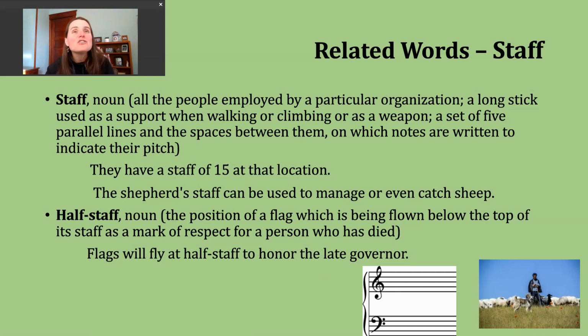Generally, in the United States in particular, this is done out of respect after an important figure has died. So an example of this might be, flags will fly at half-staff to honor the late governor. And late here is being used to describe someone who has passed.